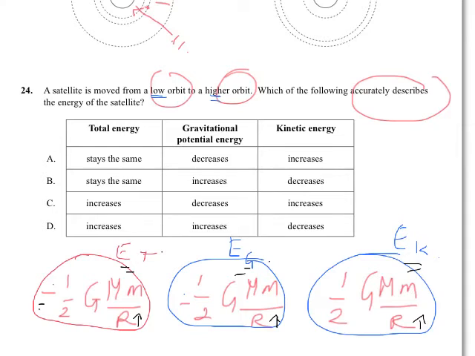You actually go from a larger minus number to a smaller minus number. So what you're actually getting is an increase in the total energy because of this value getting bigger. You're getting an increase in the gravitational energy because this number's getting bigger, and you're getting a decrease in the kinetic energy because this number's getting bigger. So the only option that reflects that is D.